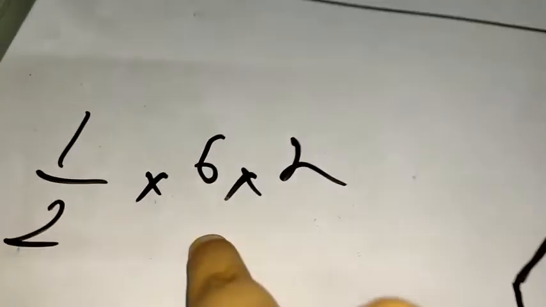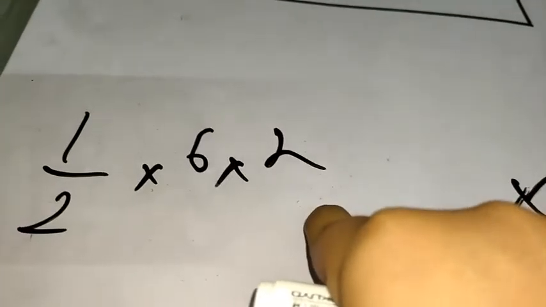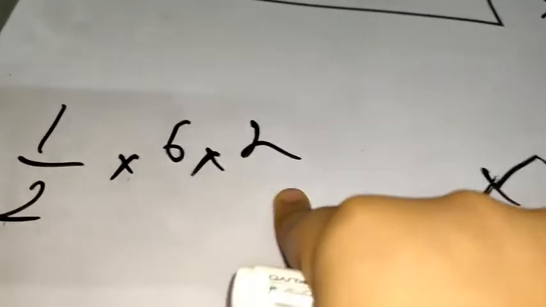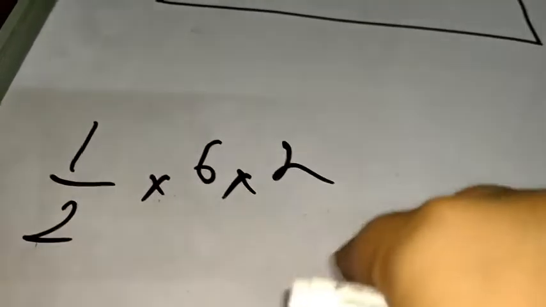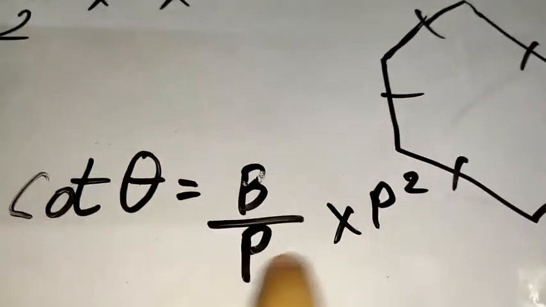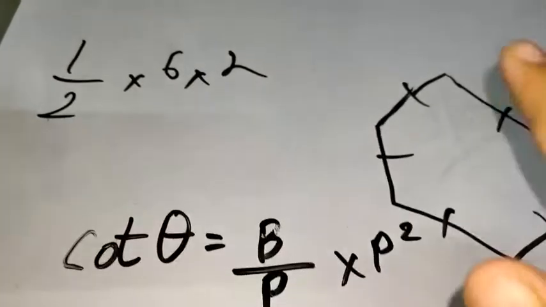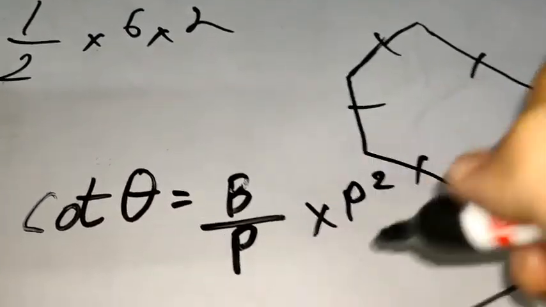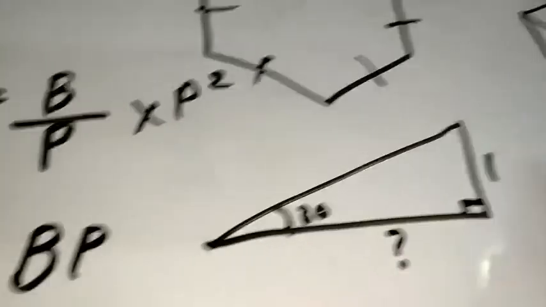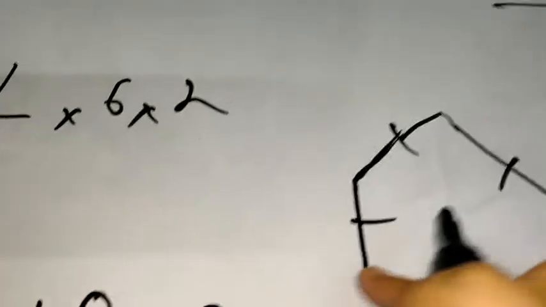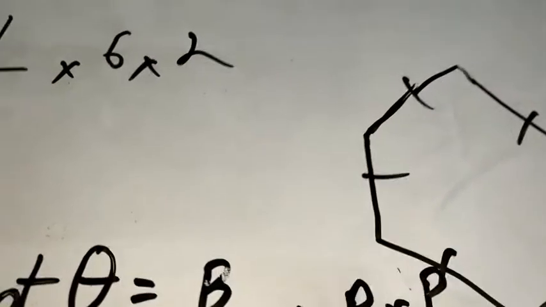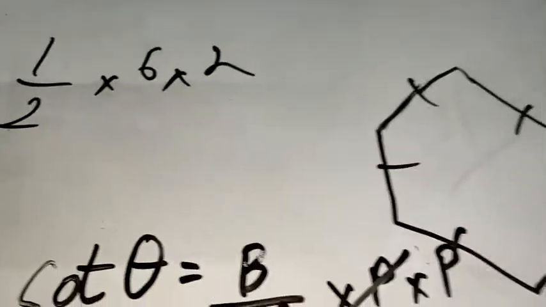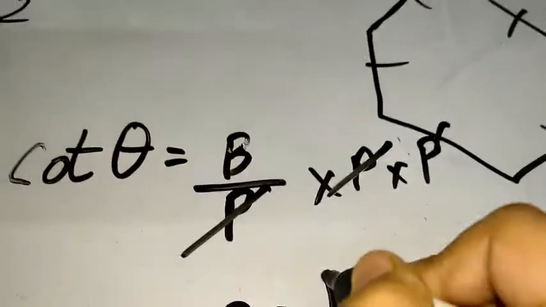We don't know the base, we just know the height. If it is a right angle triangle, we can take out the base from the height by doing this. Cot theta is base upon perpendicular, right? If we multiply it by p squared, you know p squared is p into p, so p and p get cancelled out and we get bp.